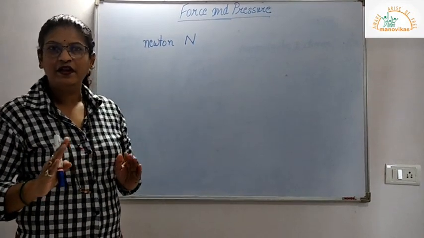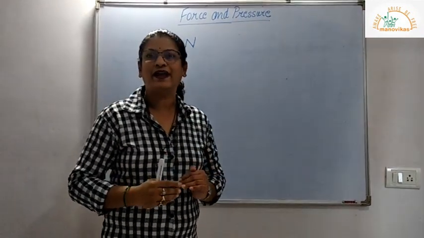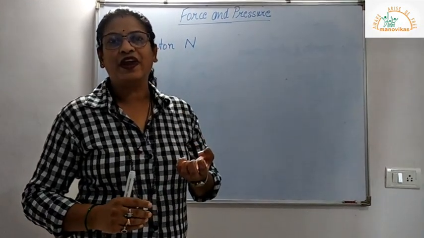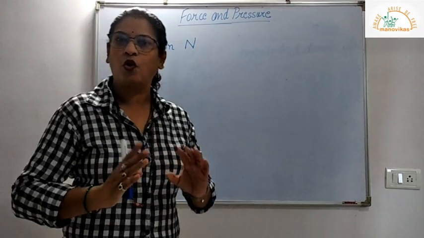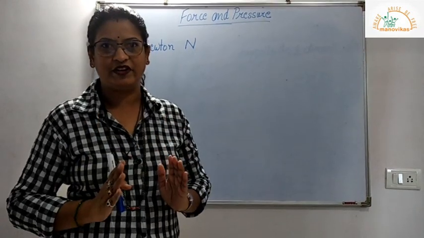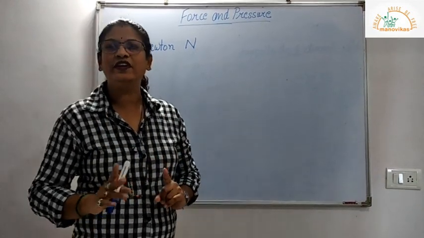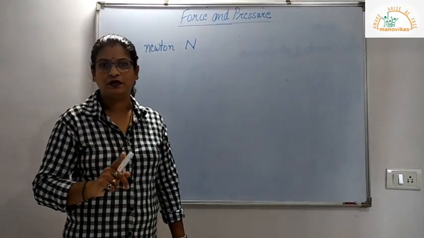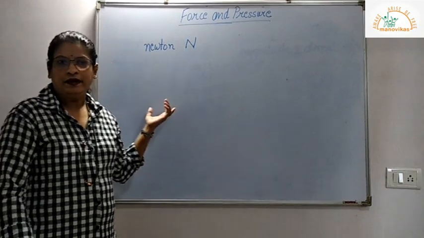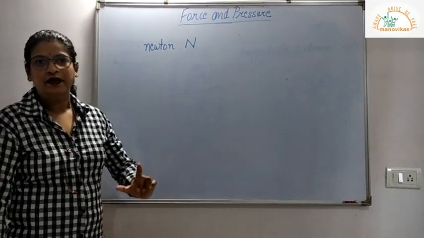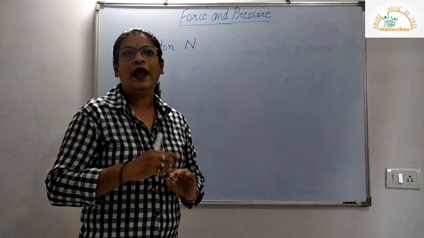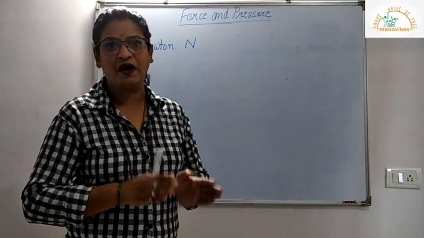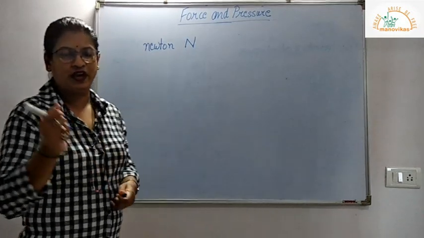Now we have read that all the bodies are attracted towards the earth, and this force of attraction is its weight or the force of gravity. But the force of gravity is not the same at all the places on the earth. So if we consider a place, the force of gravity acting on a body of 1 kg mass is 1 kgf.